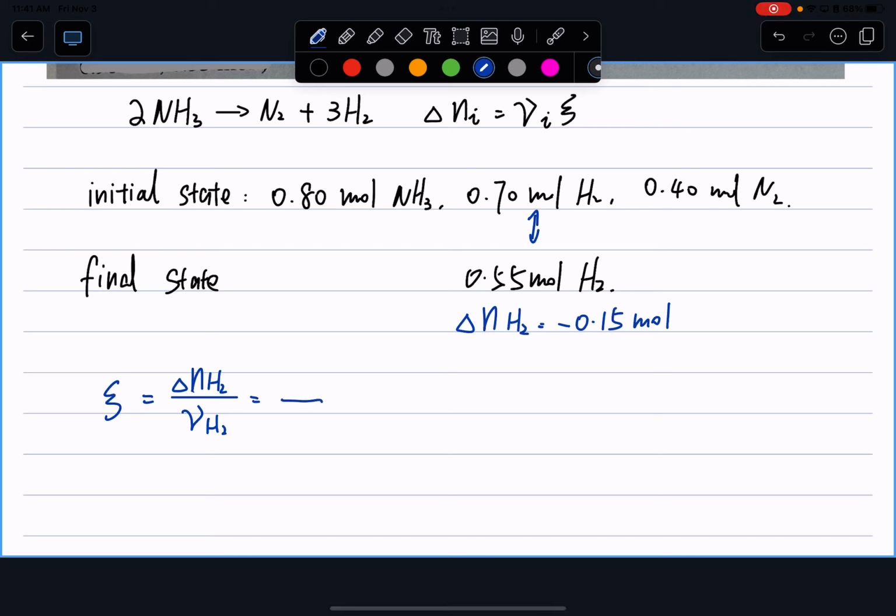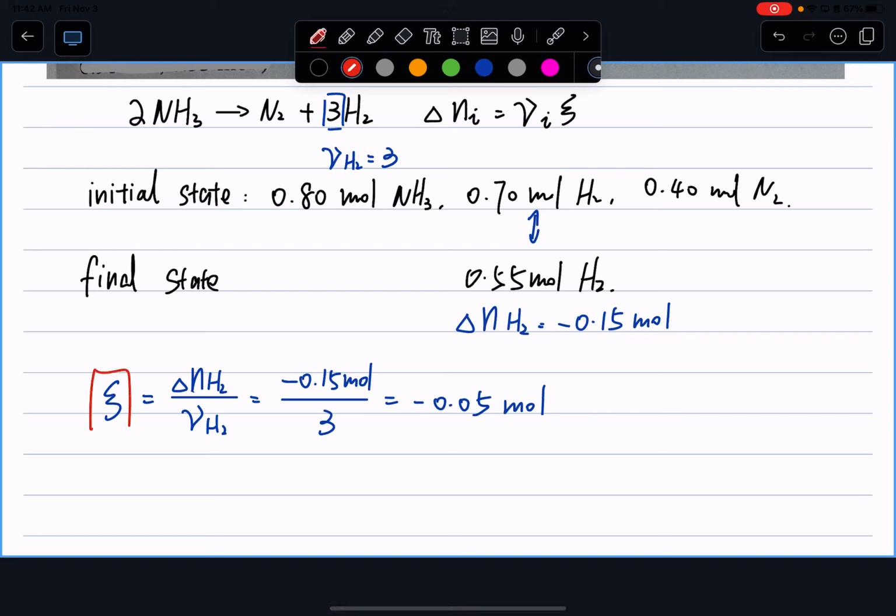And that gives you negative 0.15 mole over its coefficient, which is 3. And that gives you our proportionality to be negative 0.05 mole. So this negative proportionality of your reaction C actually tells you your reaction actually goes backwards.